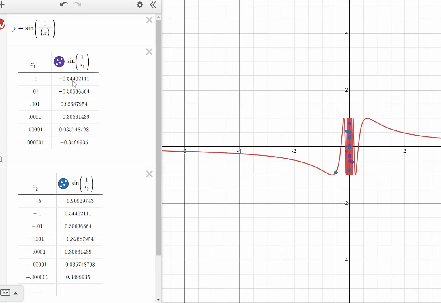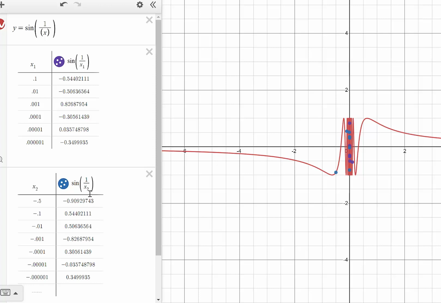And what we're seeing is -0.544, -0.5. Okay, it looks like it's going somewhere. Then 0.82, that's a big jump to the other side. And then -0.3056, and then positive 0.0357, and then -0.34999. It's all over the place.